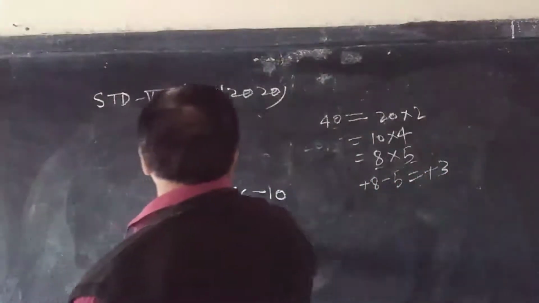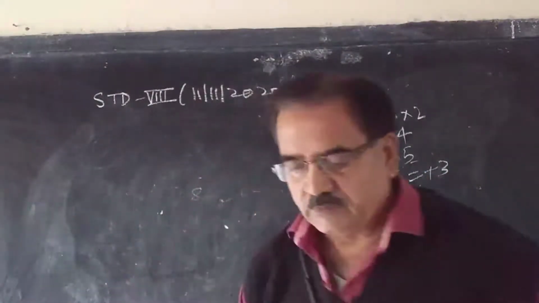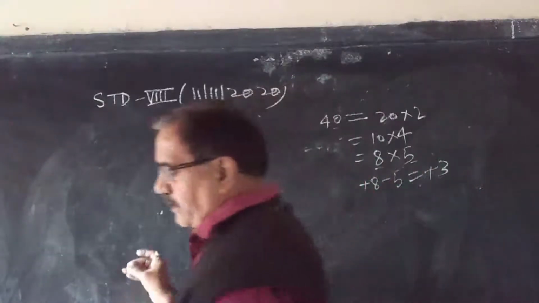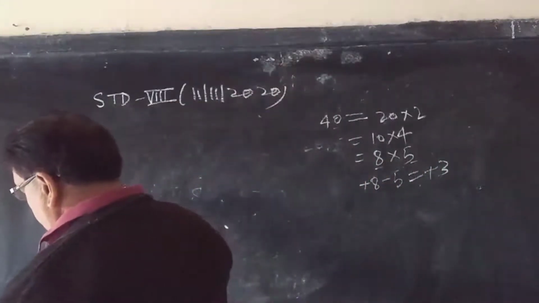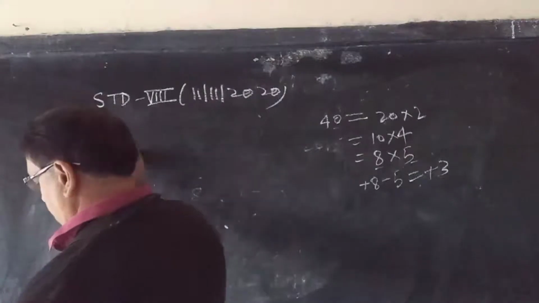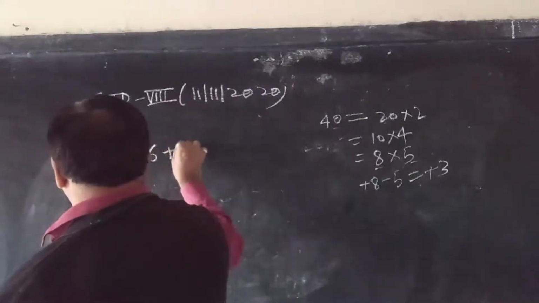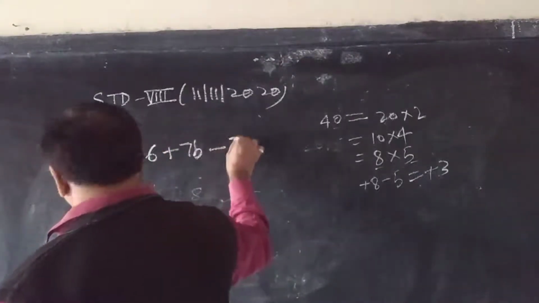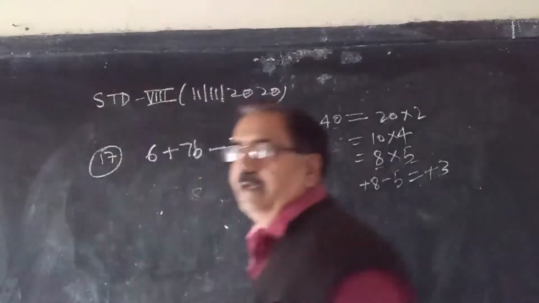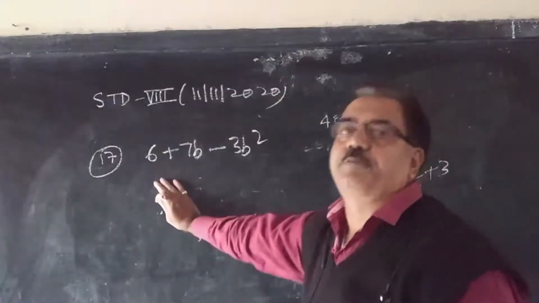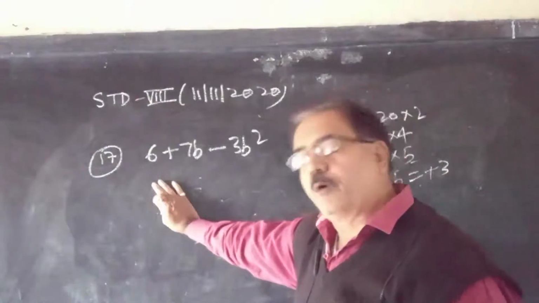Similarly, see this question. Question number 17. 6 plus 7b minus 3b squared. Here, the constant term is written first. Right? No problem.